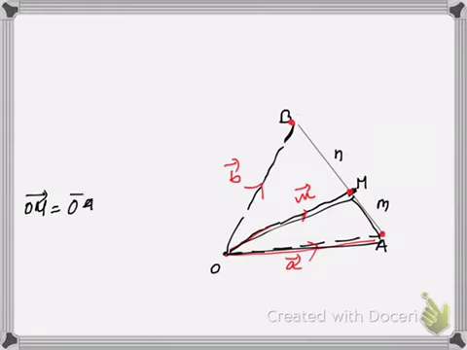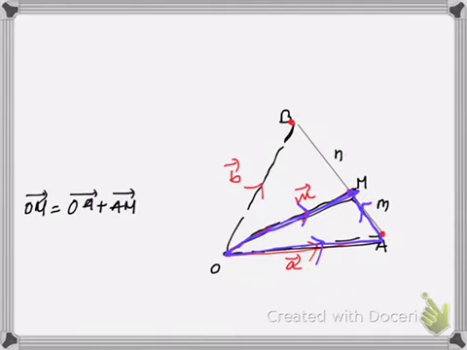That means moving from point O to M is the same as moving from point O to A and then from A to M. So although the path is different, the destination and the source or the point of origin is the same.